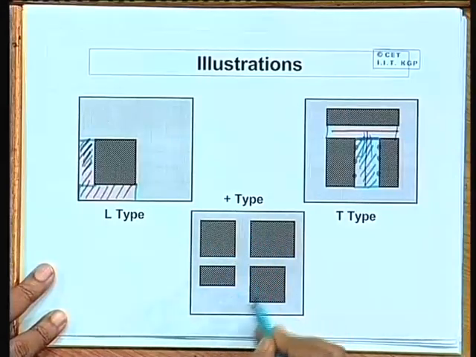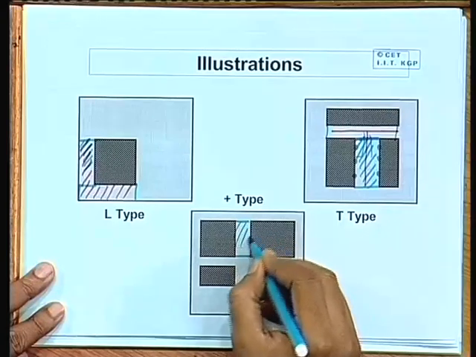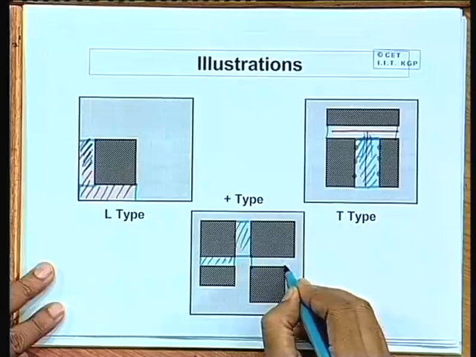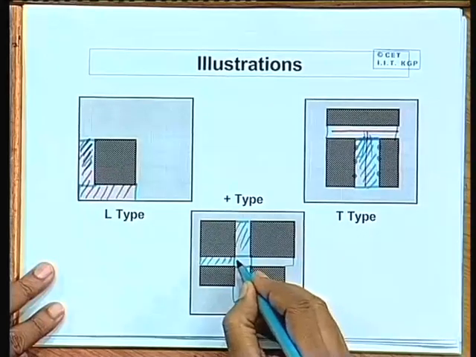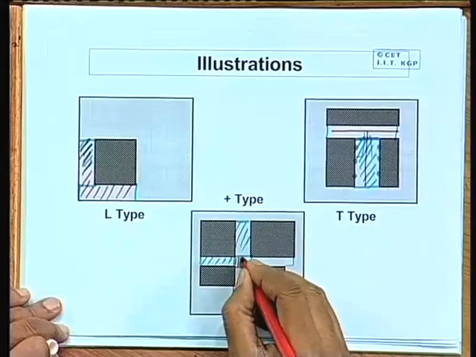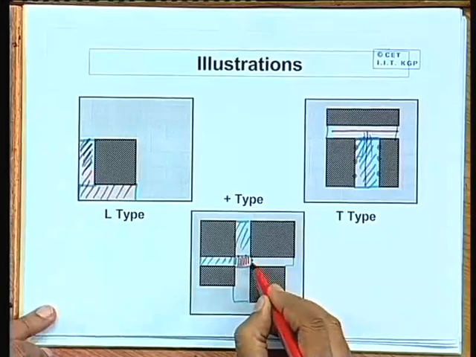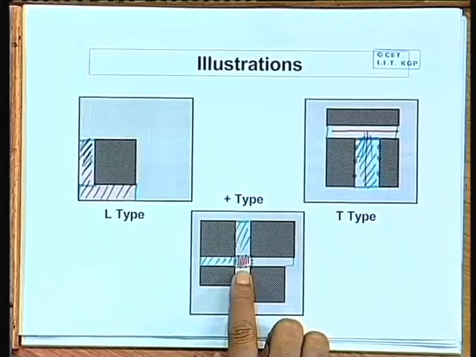If you have something like this, then you can have a channel out here, a channel out here, similarly a channel here and a channel here, but this space in between will be a switch box. This will be a switch box, because here pins will be coming from all four sides, right. So, here you cannot do away with switch box routing.